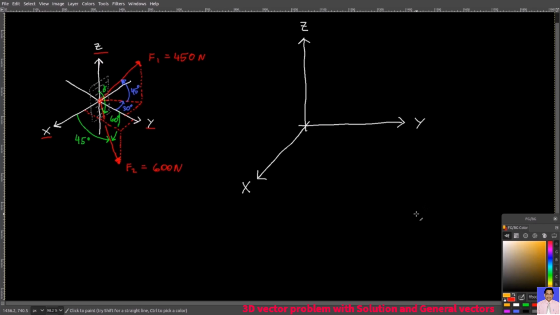Welcome back. Now I want to introduce you to another way to describe a vector.